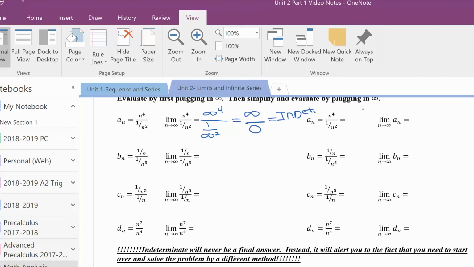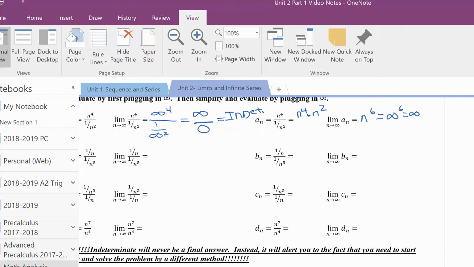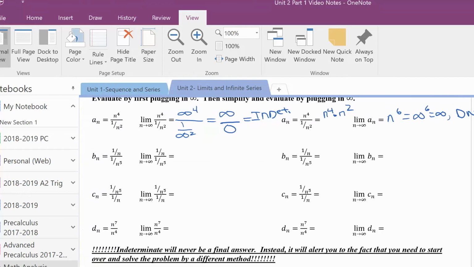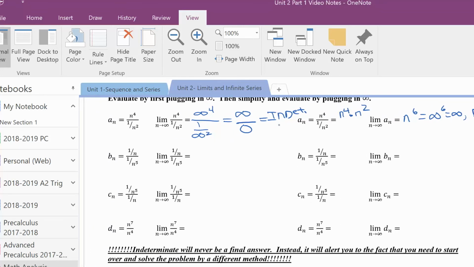However, if I do this by a different method, where I say n to the fourth times 1 over n squared, if I divide by a fraction, I multiply by the reciprocal. Now I'm taking the limit as n approaches infinity of n to the sixth, which is infinity to the sixth, which is infinite, which means that the limit does not exist because of unbounded behavior.